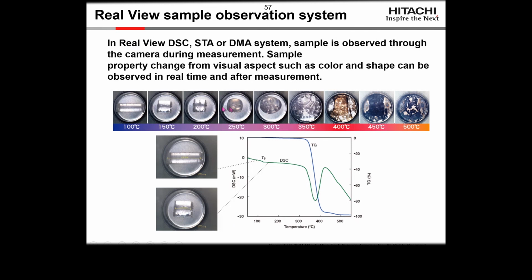We have a camera focused on it, and we can just watch as we go from a solid to a melt that's starting to burn, and to pretty much a char up at the top. And all of these can be tied to temperature in the material.